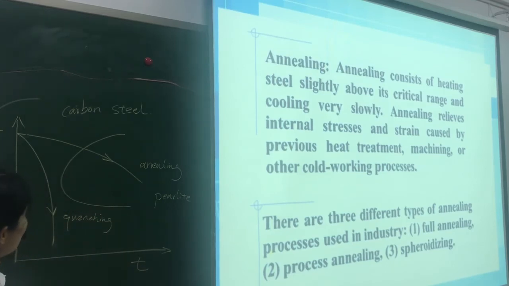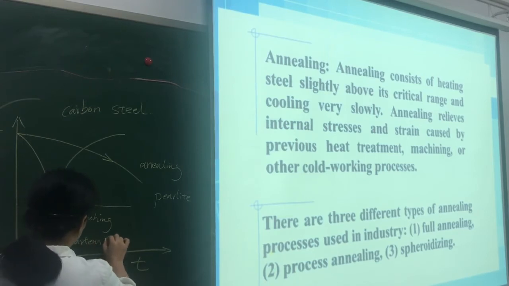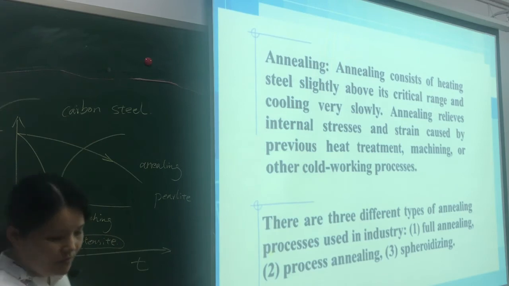And the microstructure after quenching is martensite.